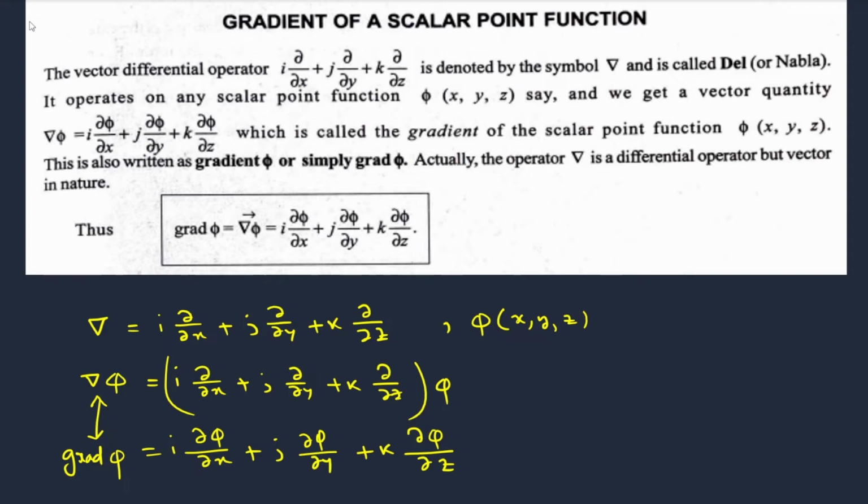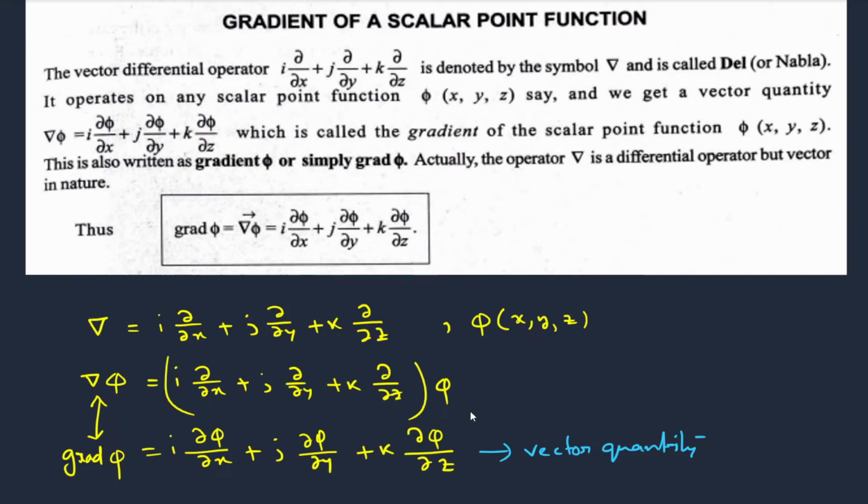Interestingly, phi is a scalar function, but when you find grad phi, i, j, k is there. So this is a vector quantity. Maybe a one mark short question will come: is the gradient of a scalar point function a vector or a scalar? Obviously it is a vector quantity.